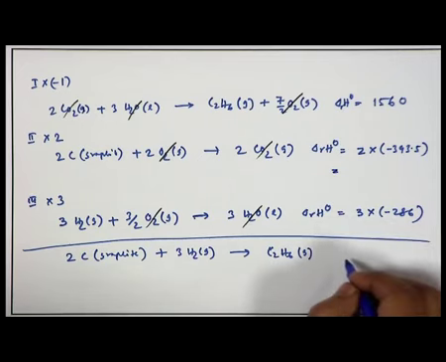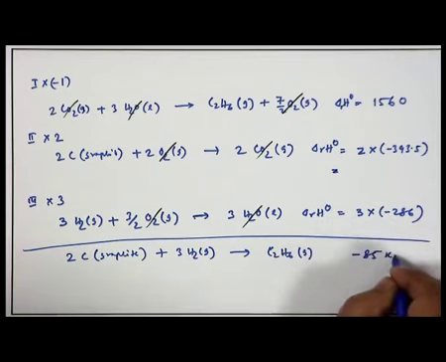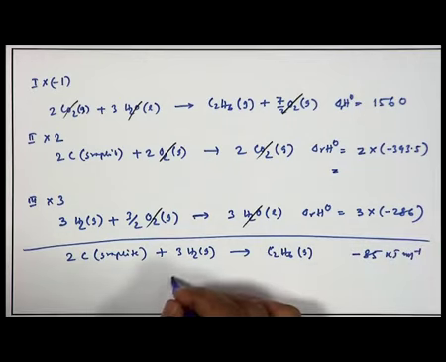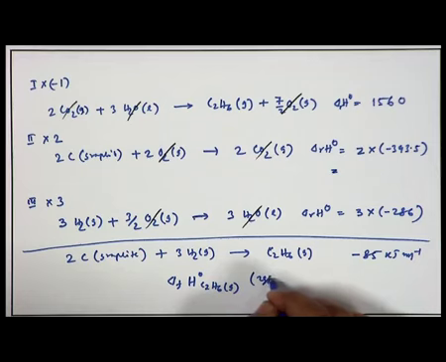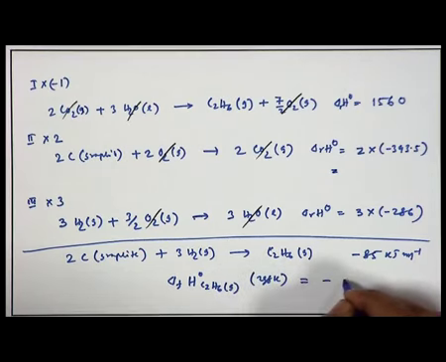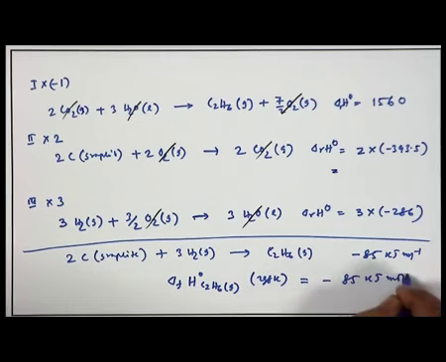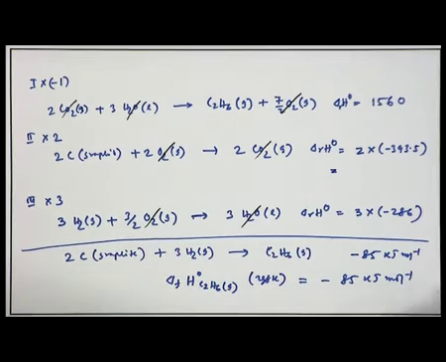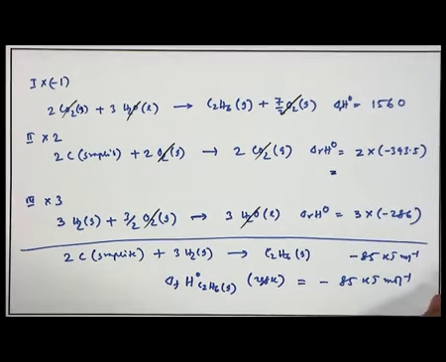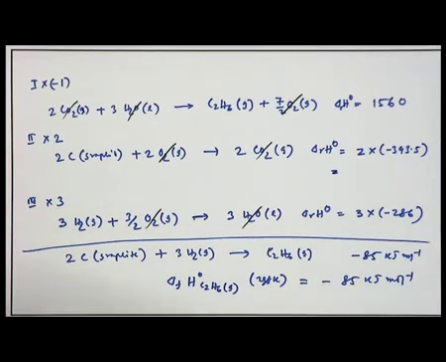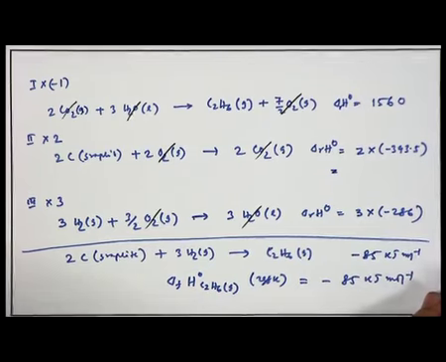This will be minus 85 kilojoule per mole, which means delta H formation of ethane gas at 298 K is minus 85 kilojoule. So, this is what Hess's law is all about, where you can combine equations to get the enthalpy of reactions which are not practically attainable and cannot be determined experimentally.